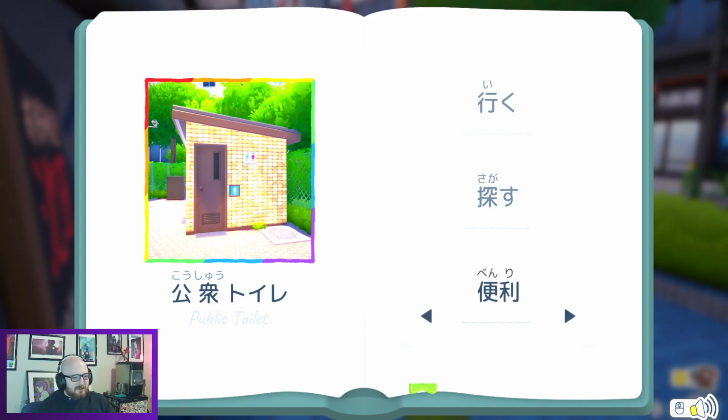And then we have benri again, which we got during convenience stores. So let's go ahead and listen to these. 行く、探す、便利。 Okay, so iku is to go. Sagasu, as you probably saw, was to look for. And then benri is convenient still. Awesome.